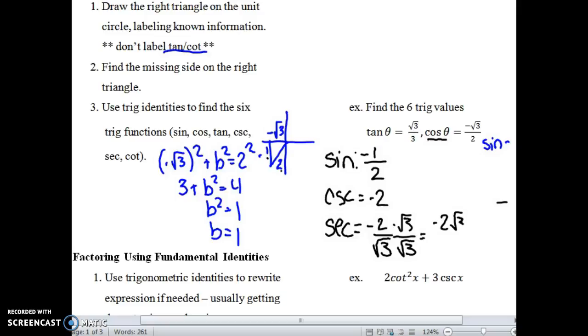So it's negative 2 root 3 over 3. I already have the tangent, so the cotangent will be the reciprocal of that, 3 over root 3, but I need to rationalize it, and I get 3 root 3 over 3, which furthermore can be simplified to be just root 3.